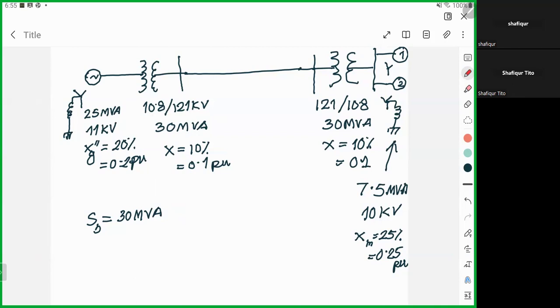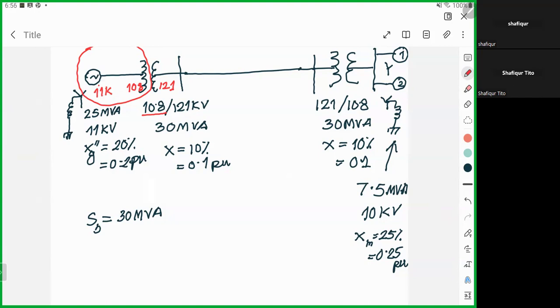Especially if you consider the transformer primary side, here it is 10.8 and here it is 121, but the generator voltage is given as 11 kV. So these two voltages are not the same. Both are on the primary, low voltage side, yet the voltages are not the same. So we need to come up with a common voltage.